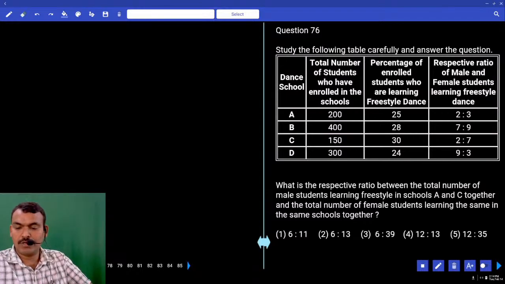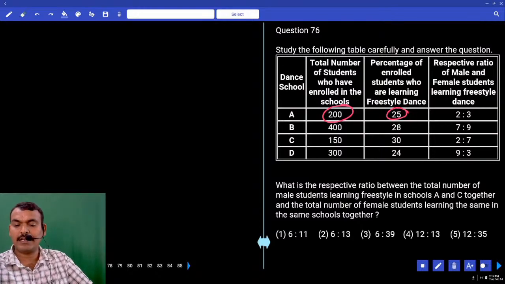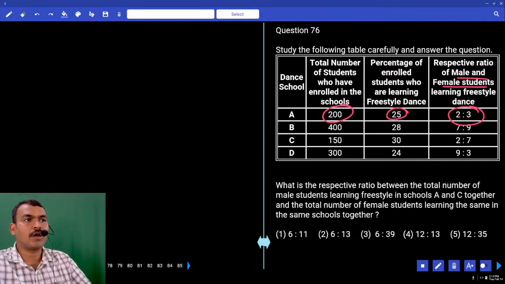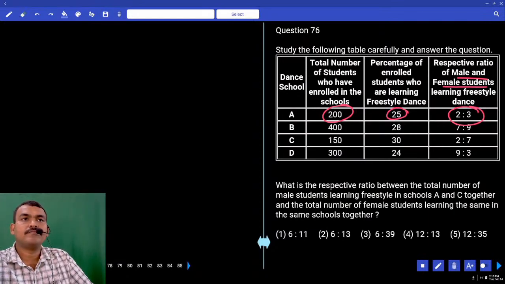Percentage of enrolled students who are learning freestyle dance is how much? 25%. Out of 200, 25% are learning freestyle dance, means what is the 25% of 200? 50. That 50 is distributed male and female at which ratio? 2:3, or not? Okay. 2:3 means one is 20, another one 30, or not?